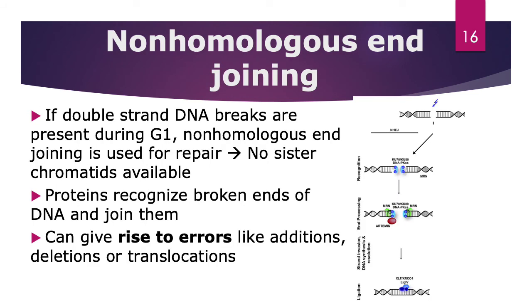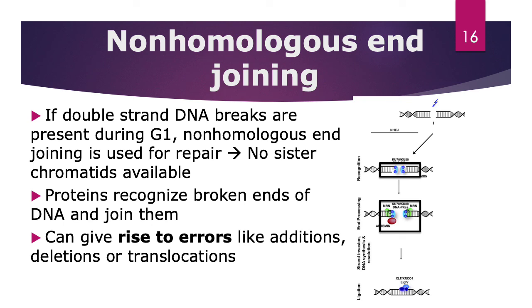Another way double-strand breaks in DNA are repaired is through non-homologous end joining. This is usually the preferred method when the cell is in the G1 phase and hence there is no sister chromatid available to serve as a template to rectify the double-stranded break. In non-homologous end joining, proteins recognize the broken ends of DNA and they directly join them as they are.